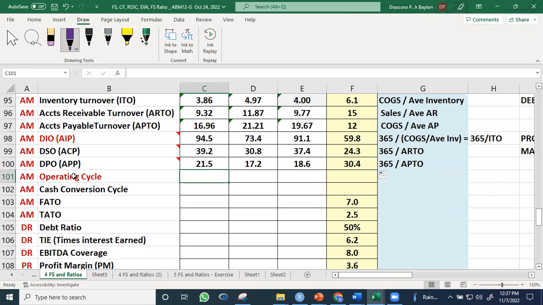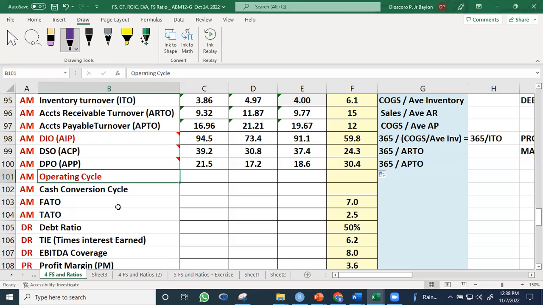Okay? All right. Operating cycle. Ano naman tong operating cycle? Si operating cycle, ang measure natin, days. Ilang araw yung company bibili ng raw materials, ipoprocess nila yon, convert to finished goods, ibebenta on account, tapos mako-collect nila.